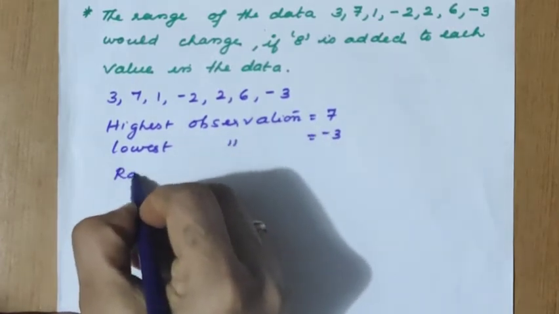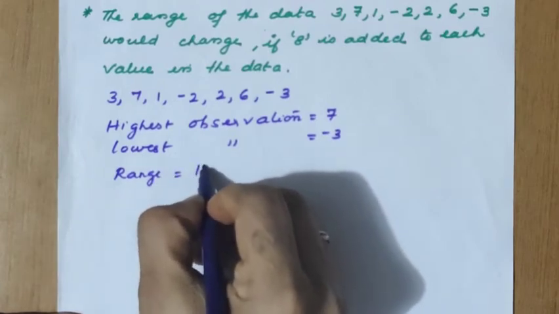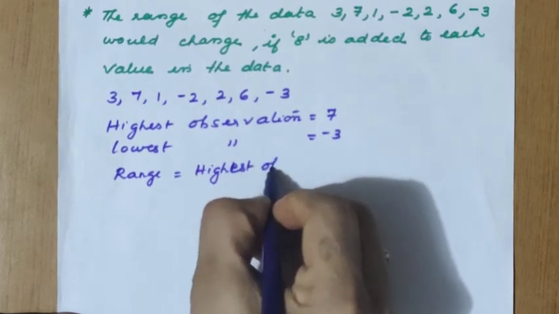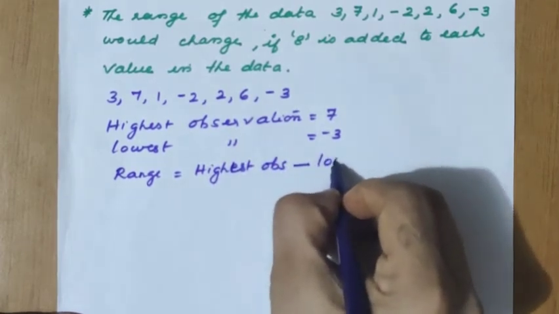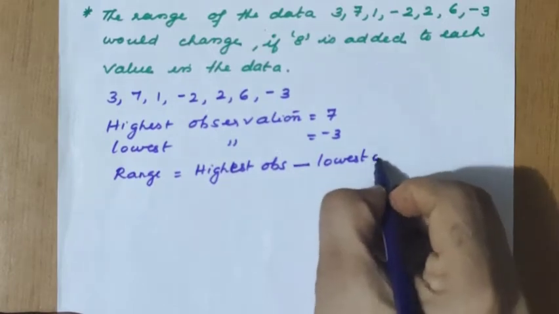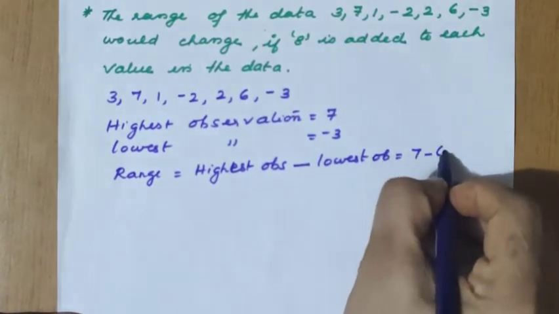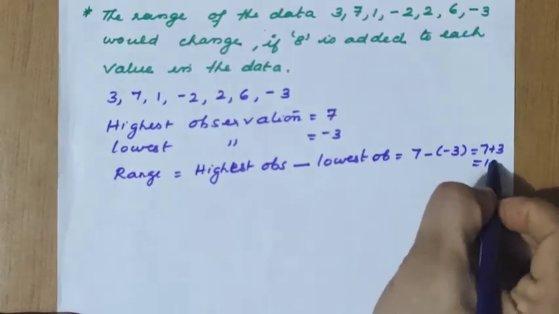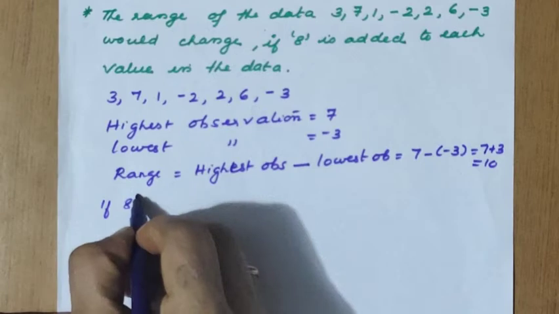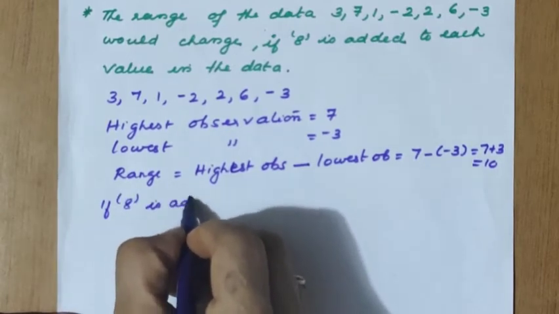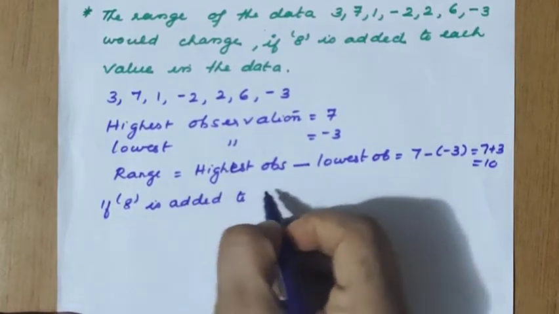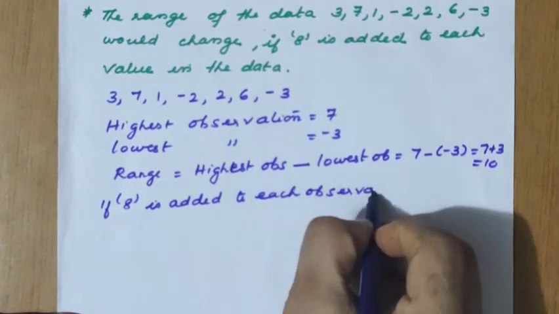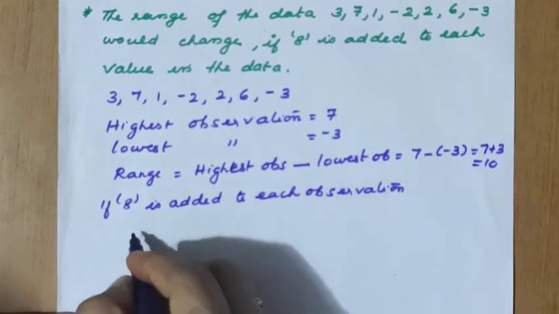So range equal to highest observation minus lowest observation. 7 minus minus 3, that is equal to 7 plus 3 equal to 10. Now if 8 is added to each observation of the data, then the new set of values, what will it be?